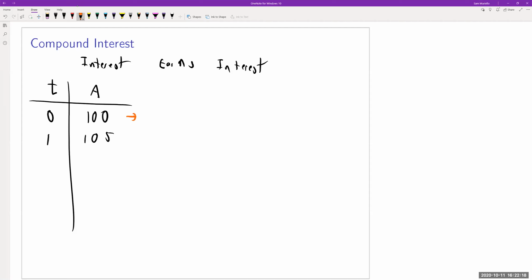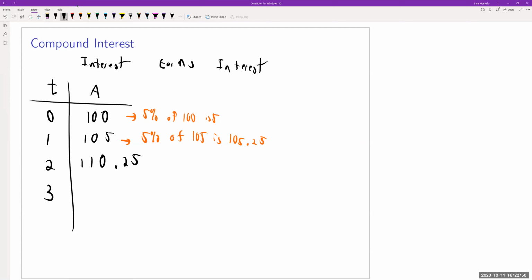Because 5% of 100 is 5. So we added that in. But now 5% of 105 is 5 dollars and 25 cents. So that means that after 2 years, we'll have 110.25.